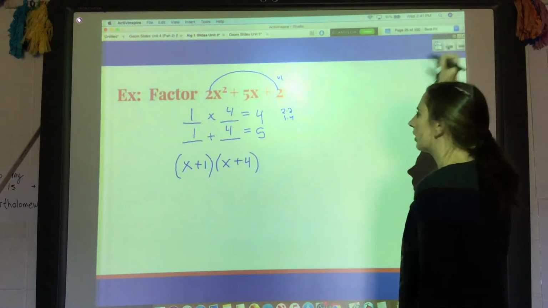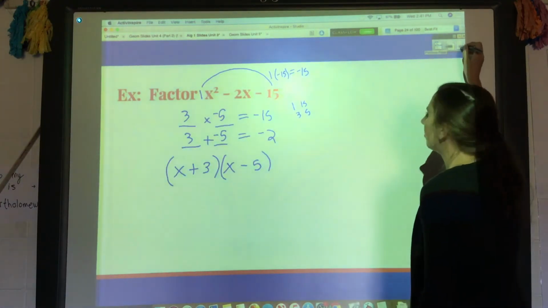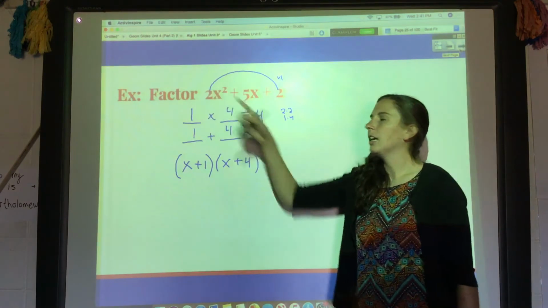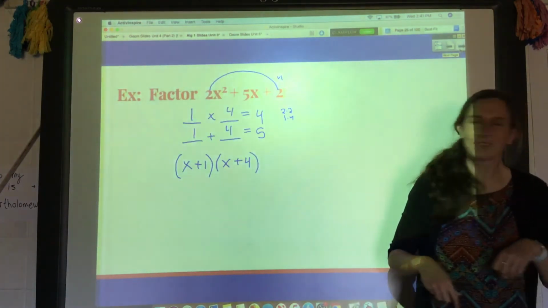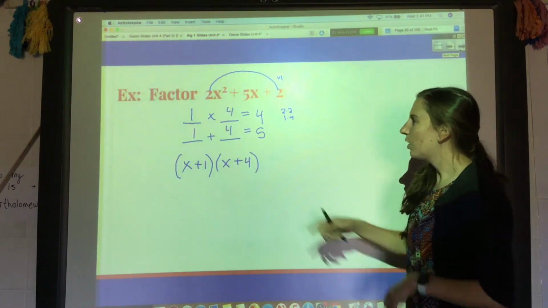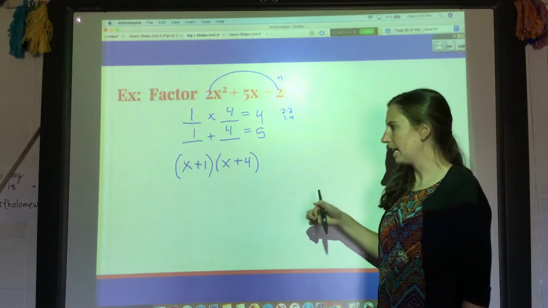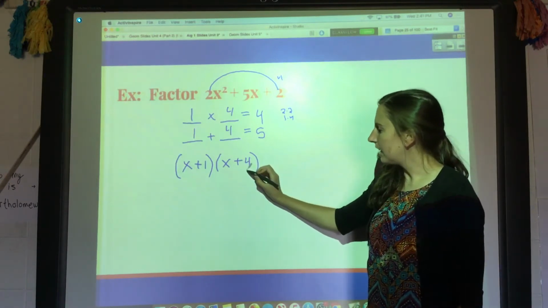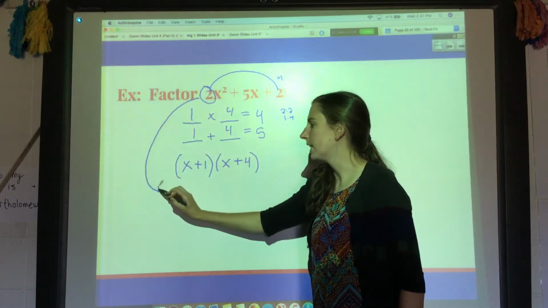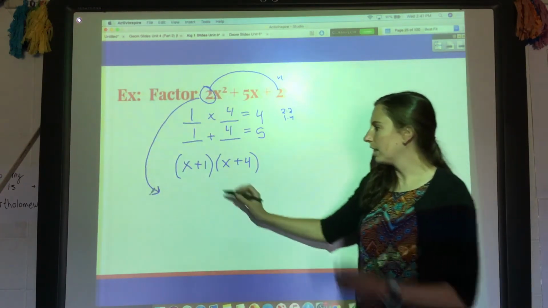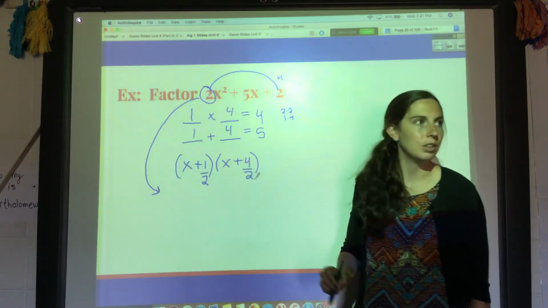Like on these earlier examples, I just had a 1 here, so I didn't have to bother with this next step. If you don't have a 1 here, you're going to have to do one extra step, which I call divide and slide. So you're going to need to take that 2 and bring it down here. What you're going to do is try to divide these numbers by the 2.